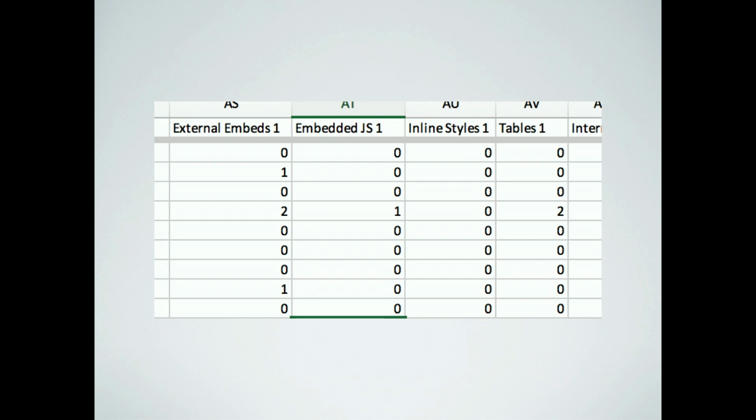So we were able to look through and find these places where things have been misused. You can see here in the fourth line, we've got a page that has 2 external embeds, one piece of embedded JavaScript, and 2 tables.